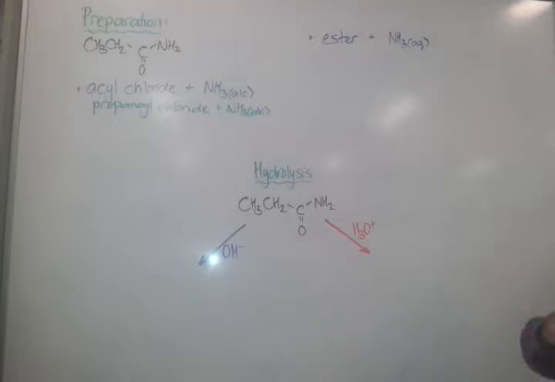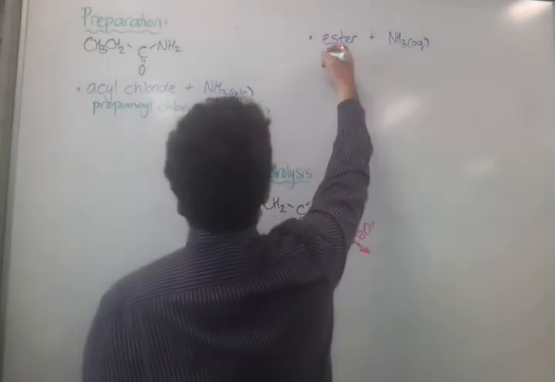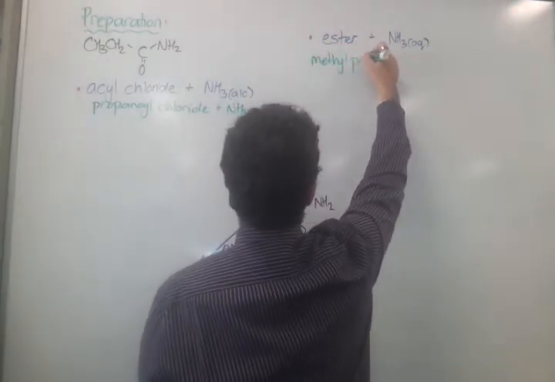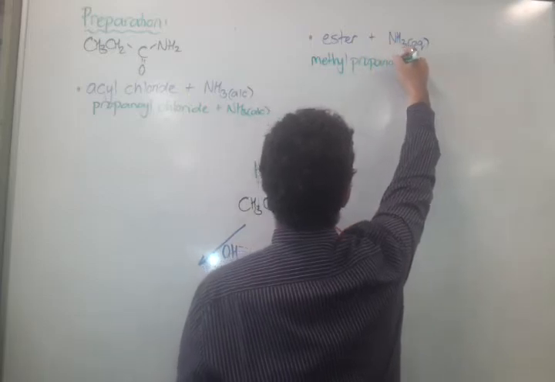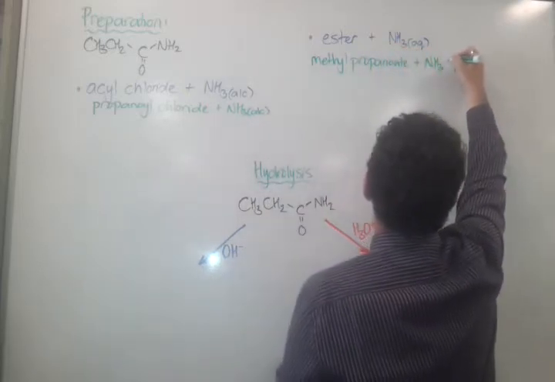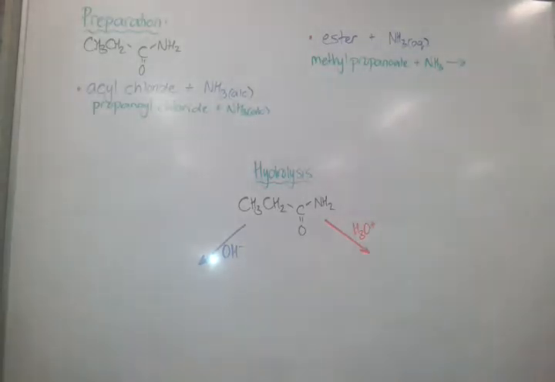So in this case, it would be propanamide and something propanoate. So let's say, for argument's sake, we've got methyl propanoate plus ammonia, and what that's going to make is propanamide plus methanol.